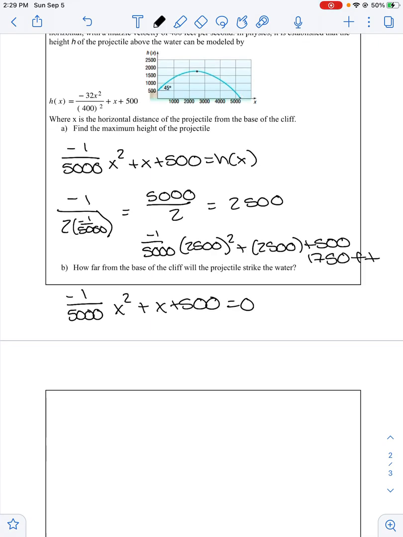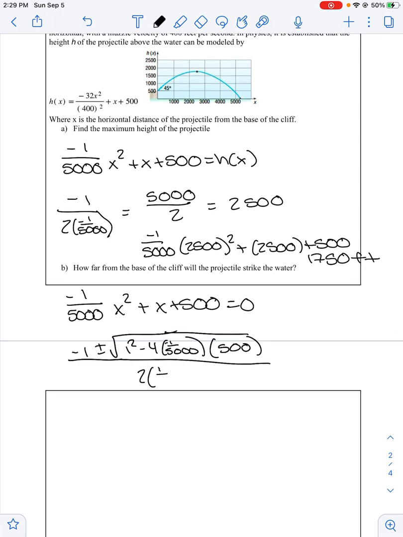I'm going to start with finding the discriminant to see how many solutions we're going to have. Or we can just solve. Okay, so negative 1 plus or minus the square root of b squared minus 4 times a times c, all over 2 times a.